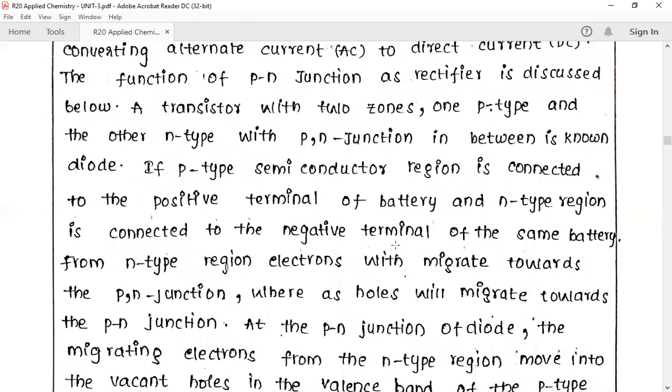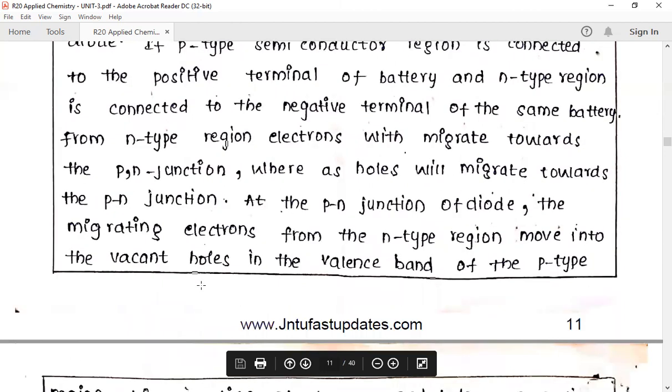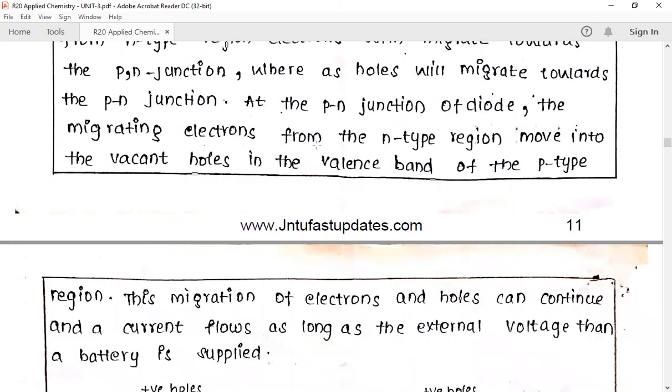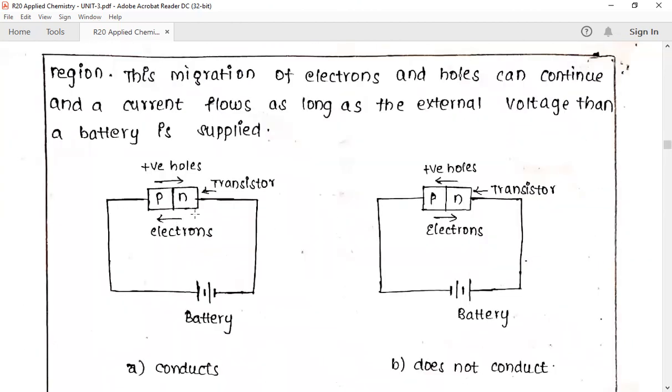region is connected to the negative terminal of the same battery, from the N-type region the electrons will migrate towards the PN junction, whereas the holes will migrate towards the PN junction. At the PN junction, the migrating electrons from the N-type region move into the vacant holes in the valence band of the P-type region.